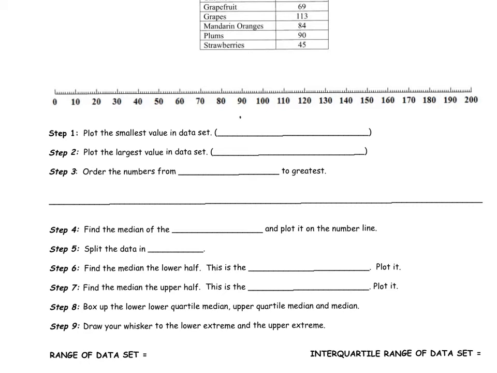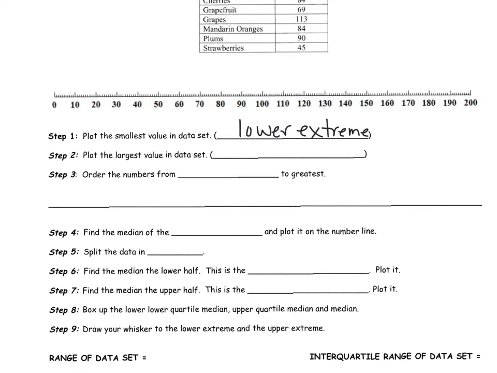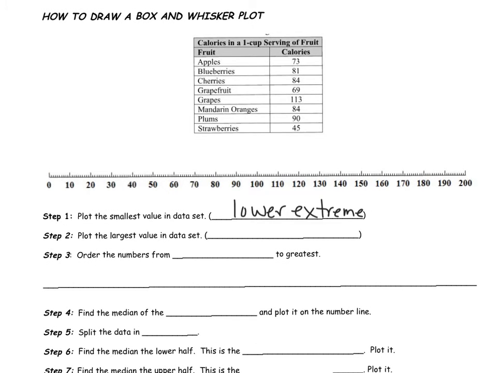In other words, we have to plot the lower extreme. So I'm going to go up to my table and find the smallest number. It looks like the smallest number is strawberries, 45. So I'm going to go to my number line and put a point at about 45.